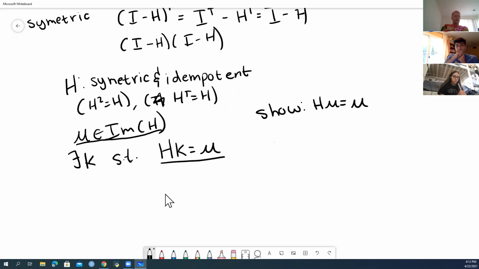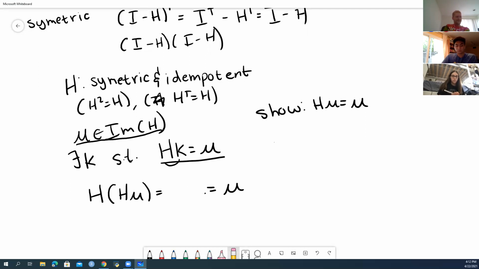Okay. Well, there's a couple ways to do this. What we could do is multiply both sides by H and get that H times H mu is equal to H mu, which is equal to mu. Sorry, no, that's not right.